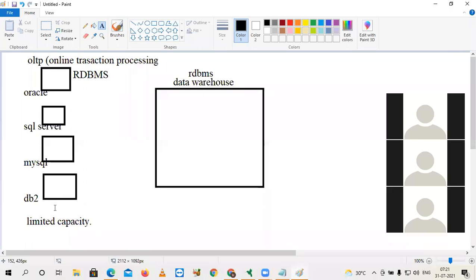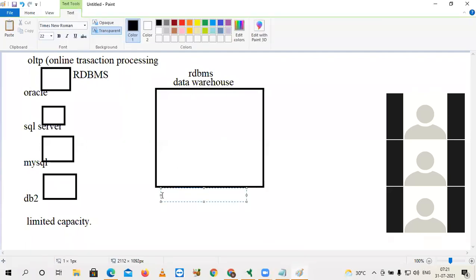Can you shed some light on the difference between a DB and a data warehouse? So this is the RDBMS for OLTP. In a data warehouse, that is also an RDBMS. But generally the databases we use here are not Oracle or SQL Server.